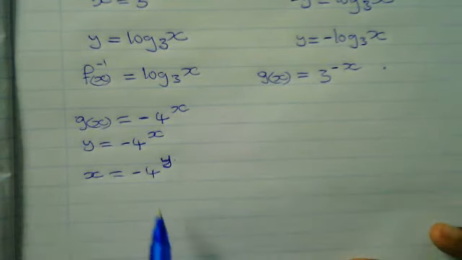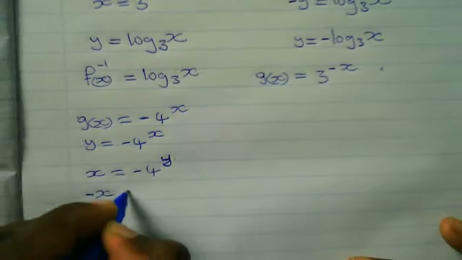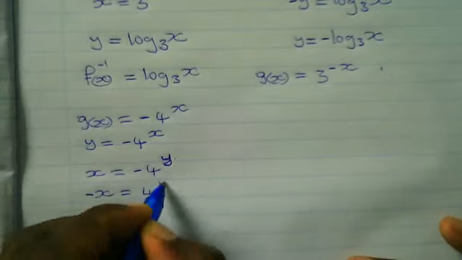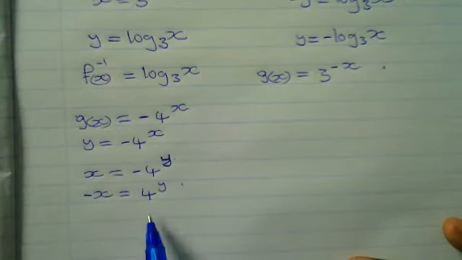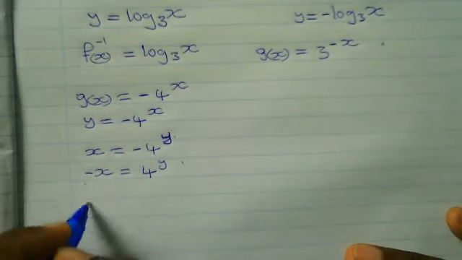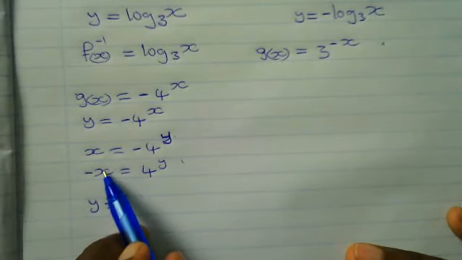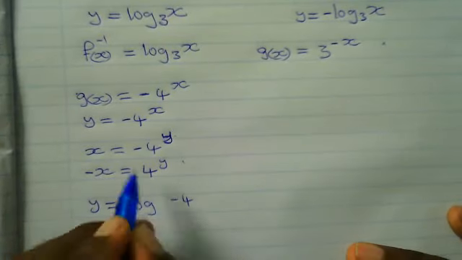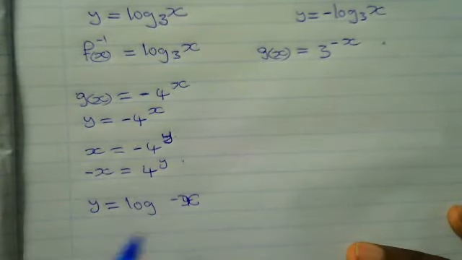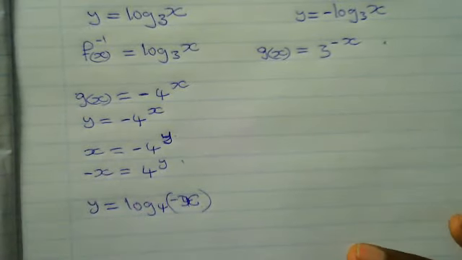And then the next step, take your negative to the other side. Let it be negative x is equal to 4 raised to y. We do not want our base to be negative. So when we have this, we are going to have y is equal to the log of negative x in base 4.